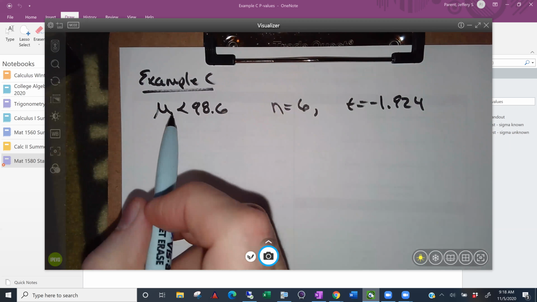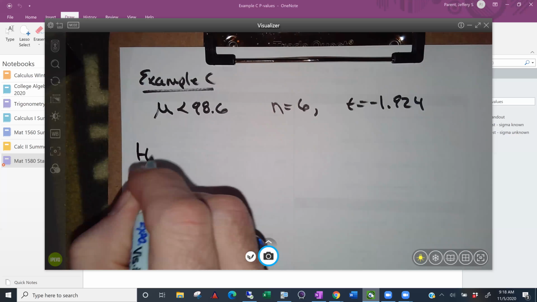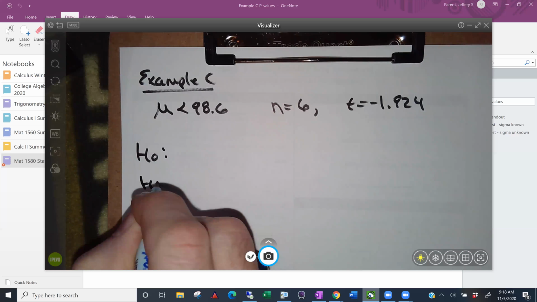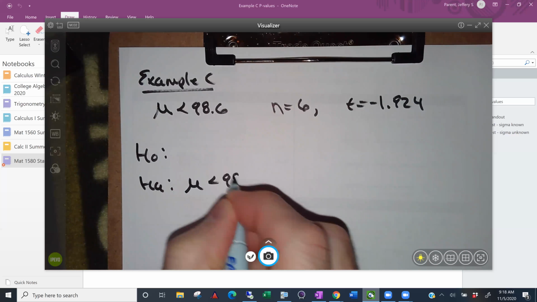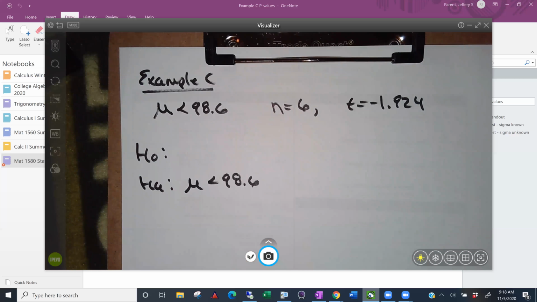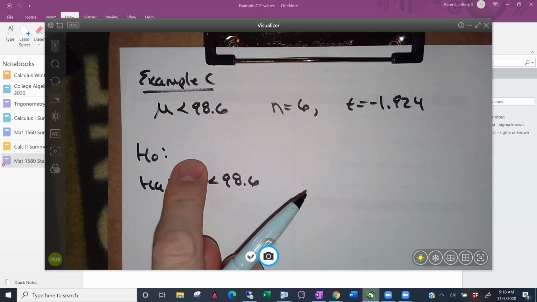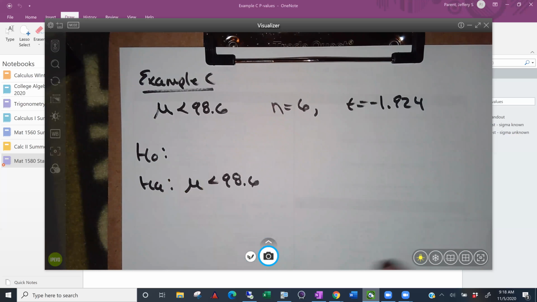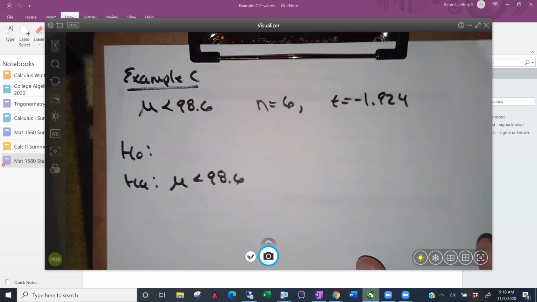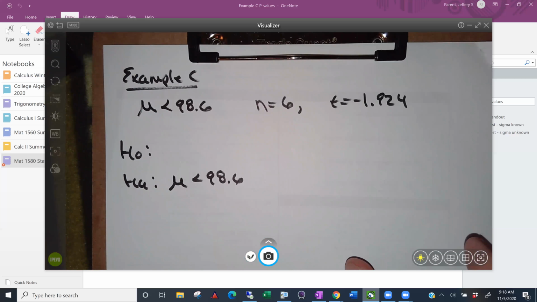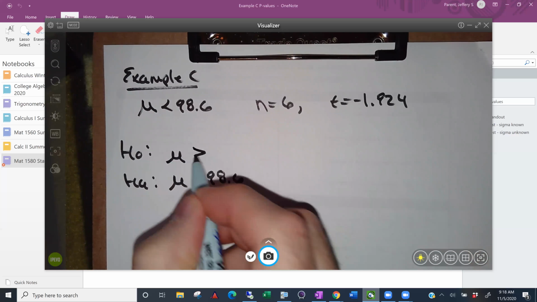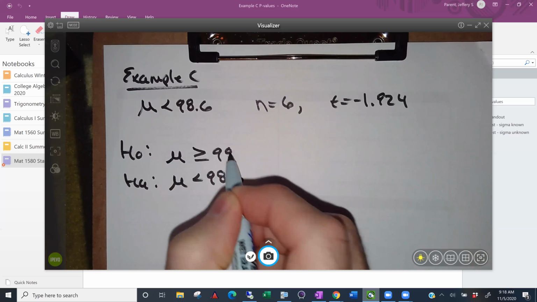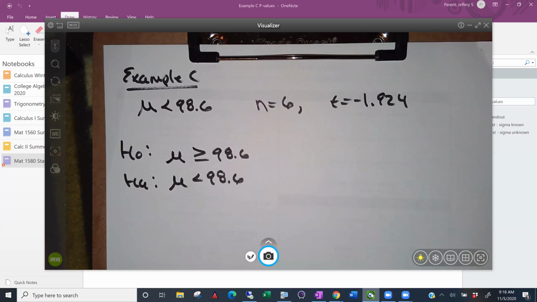Is this part of the null or alternative hypothesis? Alternative. It's part of the alternative, so mu is less than 98.6. What should I write here for the null hypothesis? Mu is greater than or equal to 98.6. Perfect. Mu is greater than or equal to 98.6.